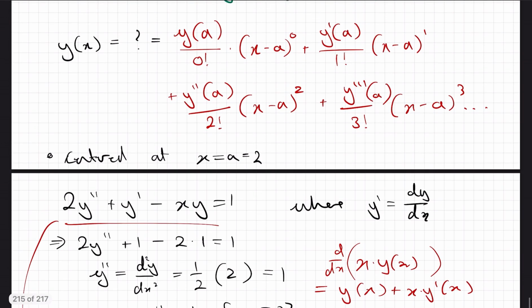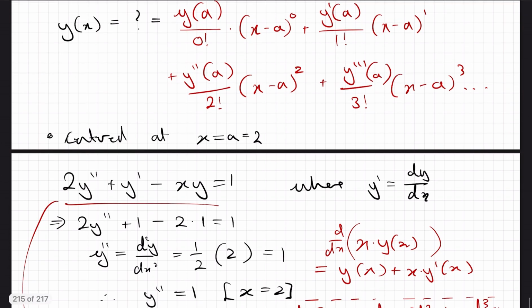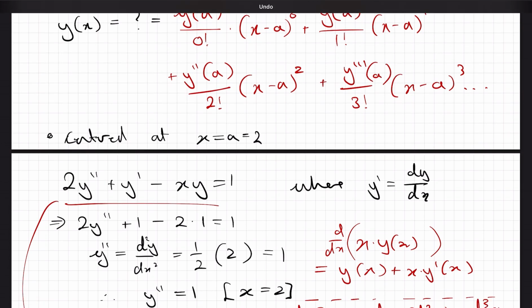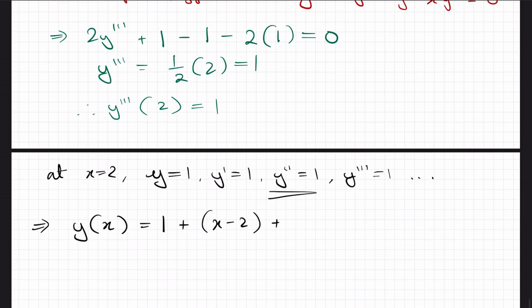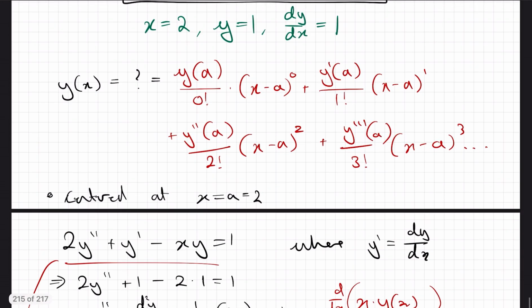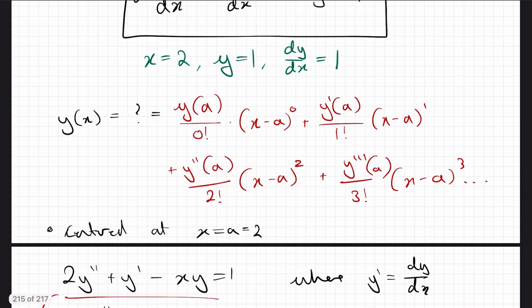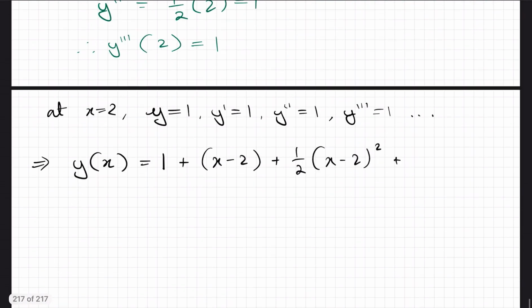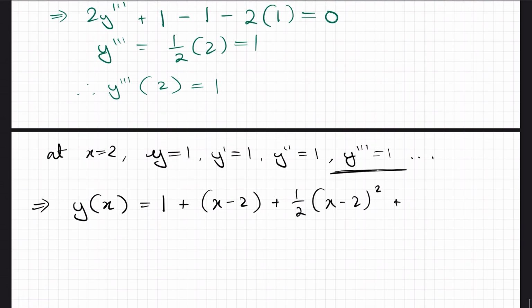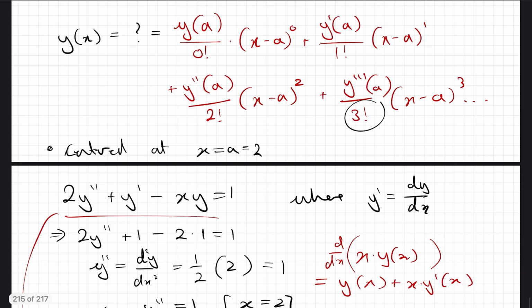The second derivative term is going to be y double dash of a, which is 1, over 2 factorial. So that's a half multiplied by x minus 2 squared. And then we have plus y triple dash of a, which we worked out above, and it's also equal to 1, and it's over 3 factorial.